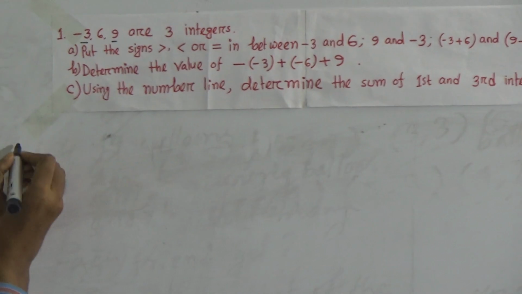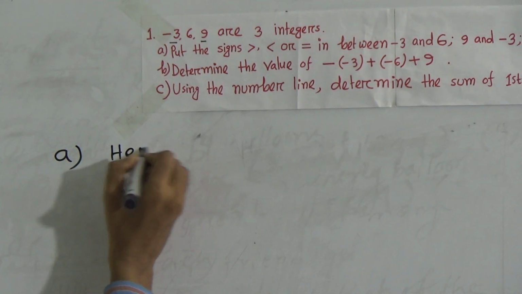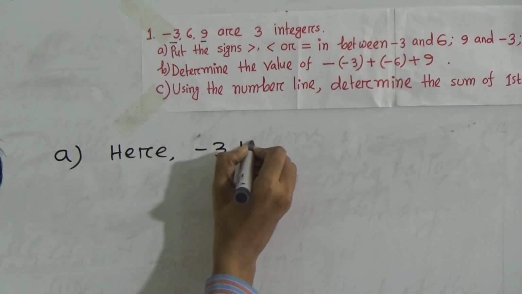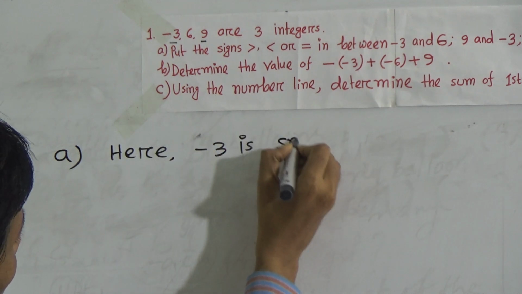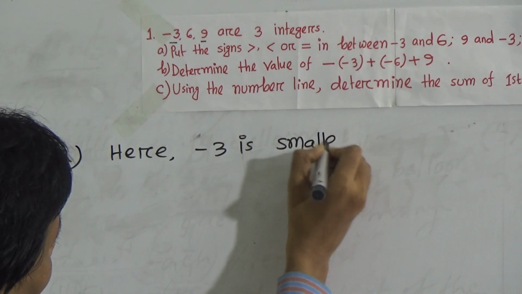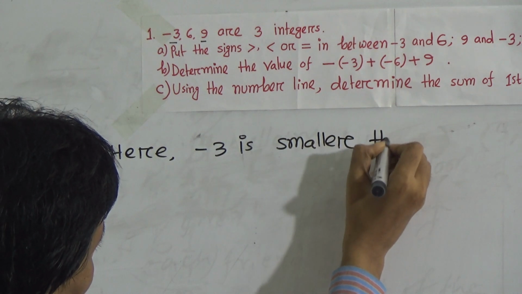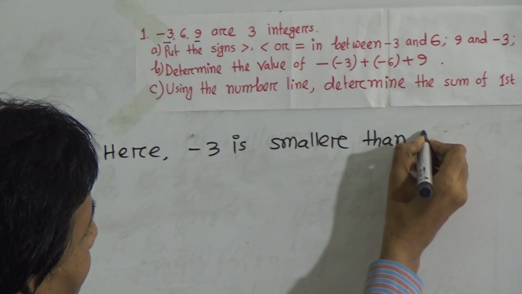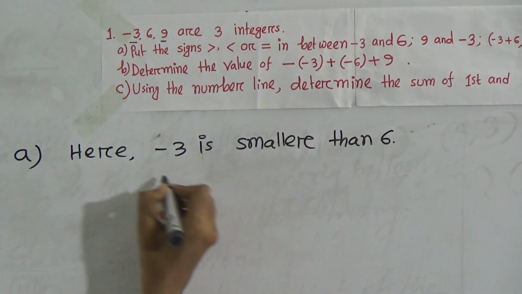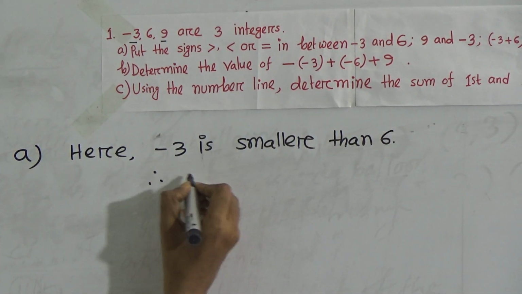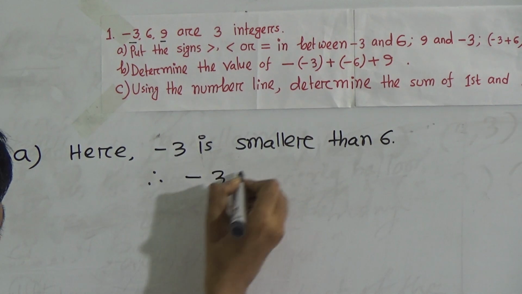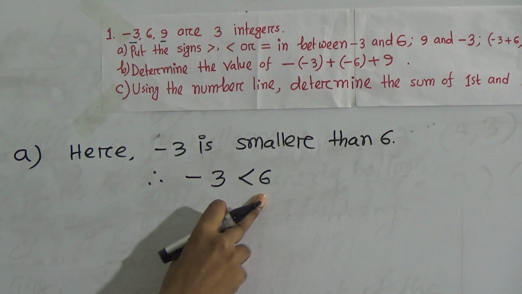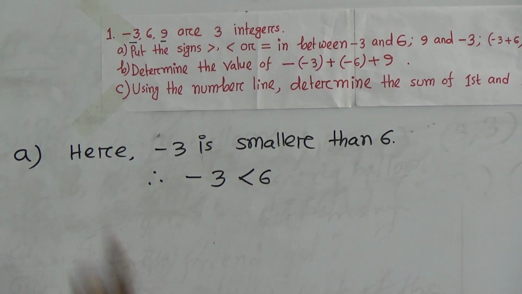Look, you write here for the first case: -3 is smaller than 6. Therefore we can write it this way: 6 is greater than -3. That means 6 is greater and -3 is the smaller.